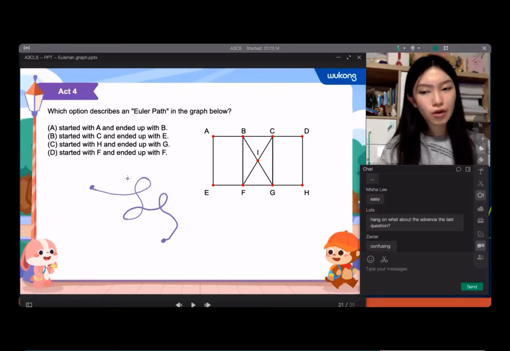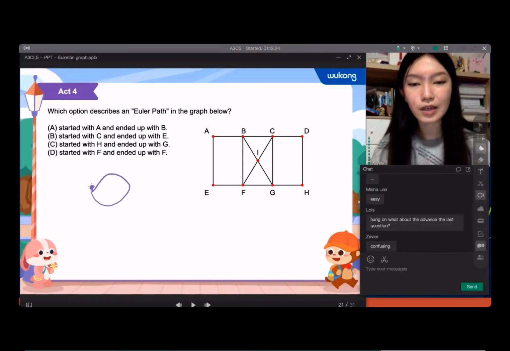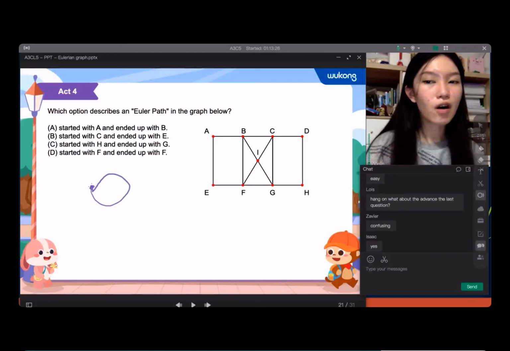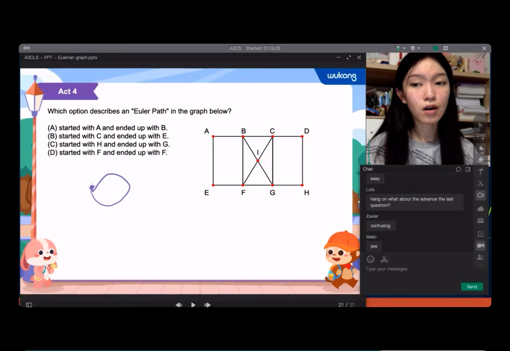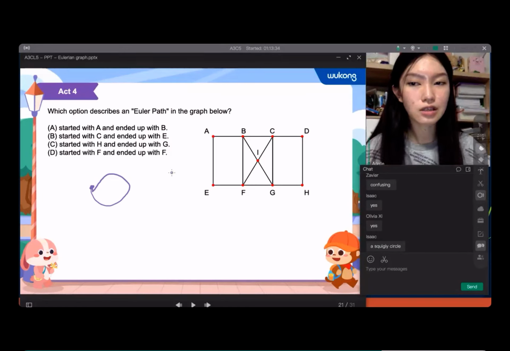So for there to be no odd nodes at all, we have to end back at that point. So it forms like a loop. Does that make sense? You can think of it that way as explaining why, if not in all of the cases, we start with the same node and end with the same node if we have 0 odd nodes. Okay?